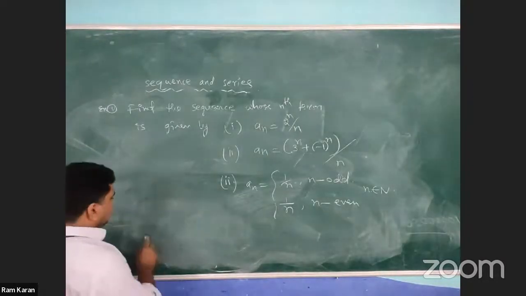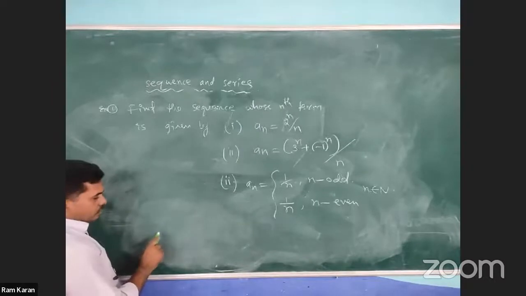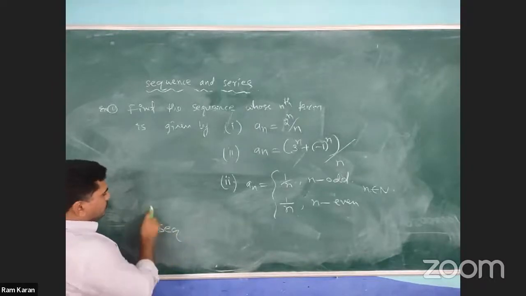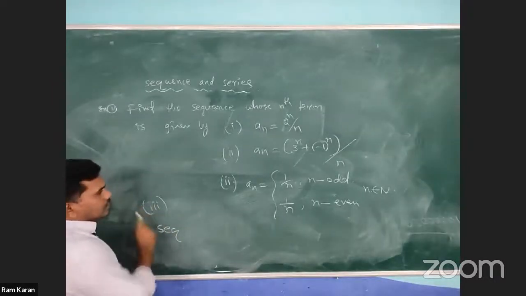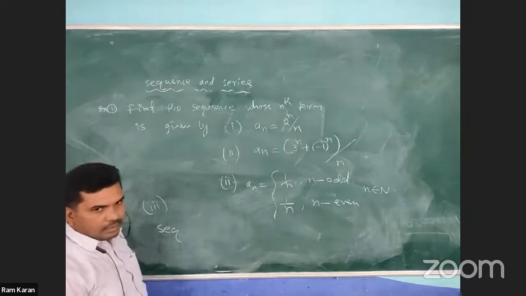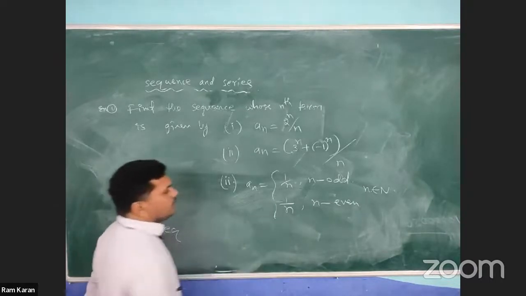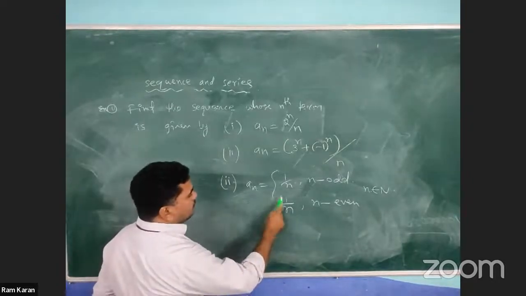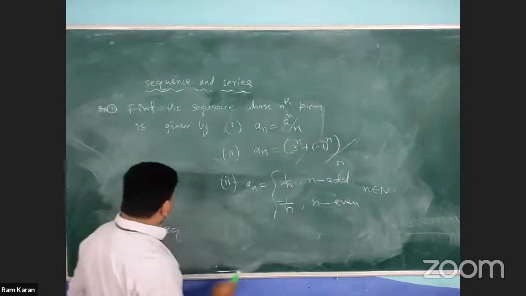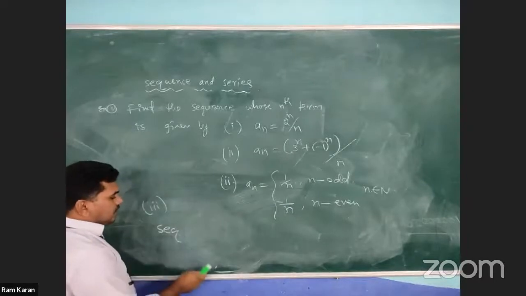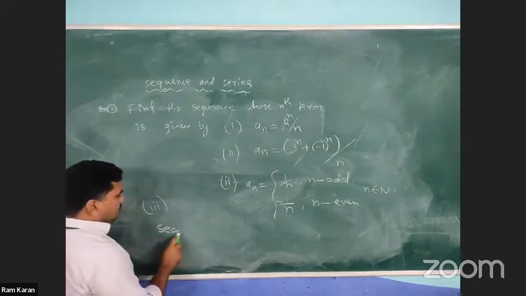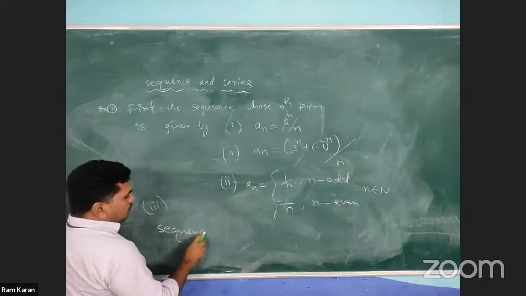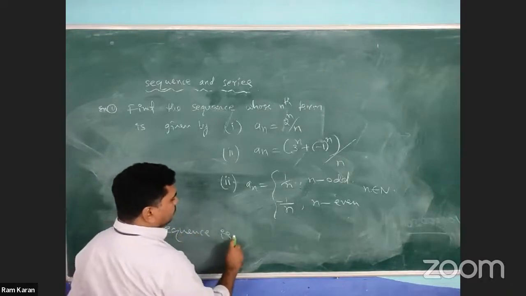What is the sequence? Substitute n = 1, which is odd, so 1 by 1, which is 1. For n = 2, which is even, minus 1 by 2. Then 1 by 3, minus 1 by 4, 1 by 5, and so on.